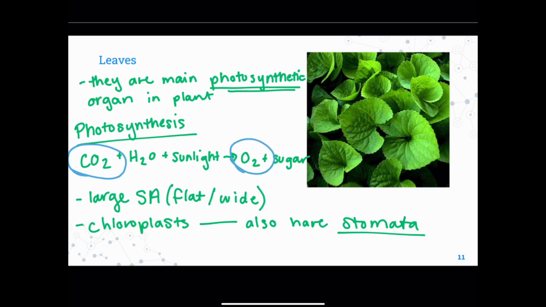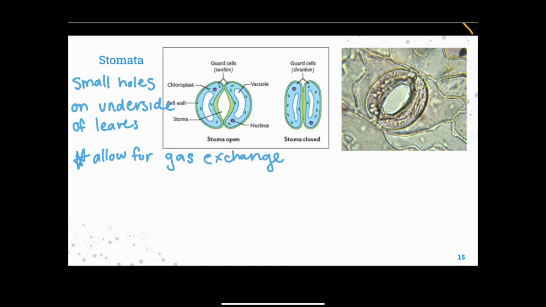Okay, those are our two gases. So we have to be able to exchange those gases somehow. So again, these stomata allow for that gas exchange to happen. So CO2 goes in and O2 comes out. I'm going to put CO2 in, O2 goes out, if you can see that.